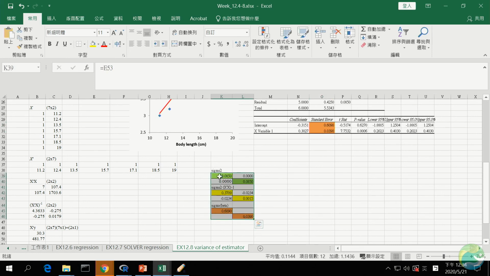I did the second derivative and the hand calculation by the analytical solution. And this is Excel giving me the standard error of the coefficient intercept and the standard error of the coefficient slope. They are the same. All right? So I explained to you how to do the uncertainty estimation.